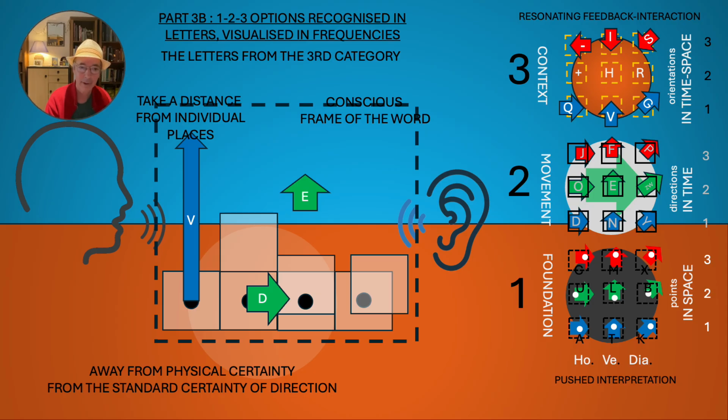So we take a little bit of distance from the individual places, from the movements and so on, and we become much more conscious or aware of what word we are expressing. We go away from the physical certainties, from the standard certainties of directions as well, and see, okay, how shall we behave? And it's different all the time. It all depends on what we have already in the word.